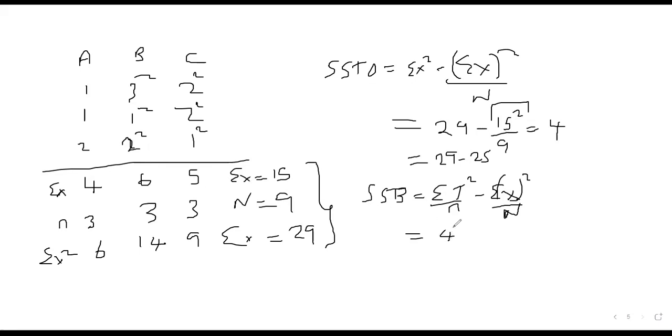4 squared divided by 3 plus 6 squared divided by 3 plus 5 squared divided by 3 minus 15 squared divided by 9. What do we get?